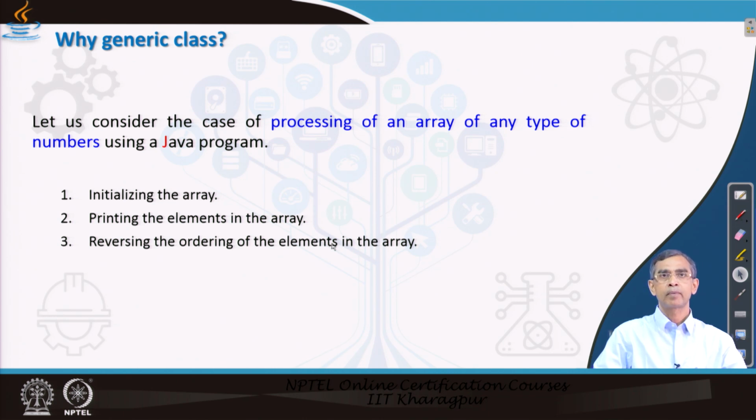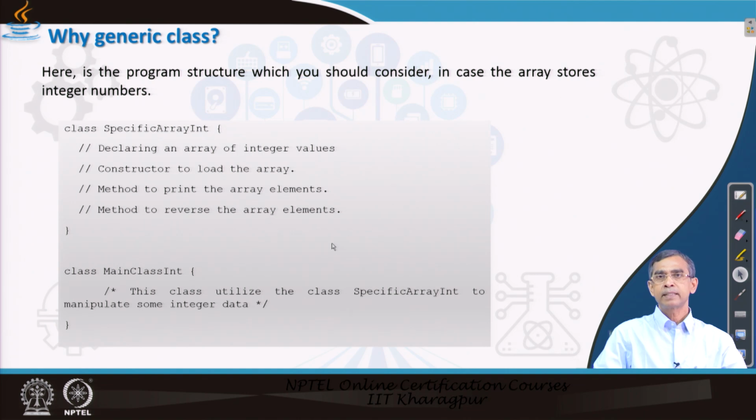This is basically the structure of the program that you should have. In this case we are only considering that the elements should be stored in the array as integer. So, we can write a program, and the name of the class, for example, can be SpecificArrayInt.